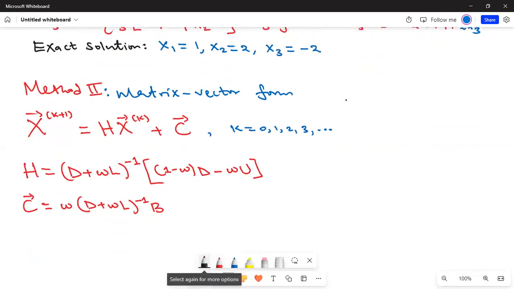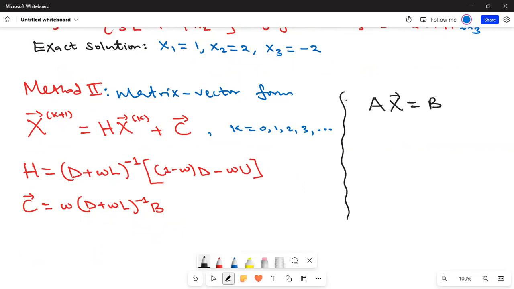And remember, you first of all need to write your system in the form AX is equals to B, where A is the coefficient matrix, X is the unknown column vector, and B is the right-hand side. So this is how the system will look like.